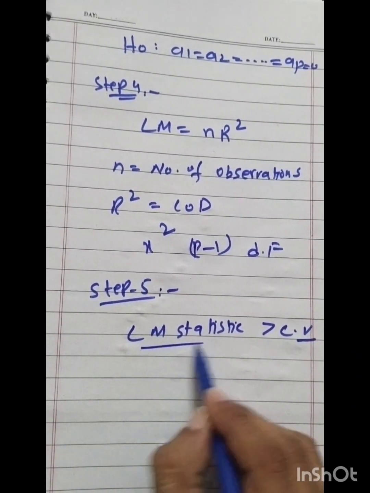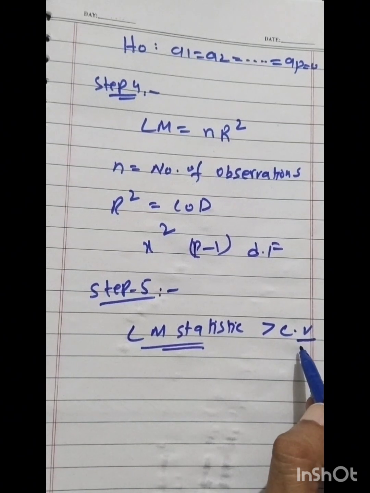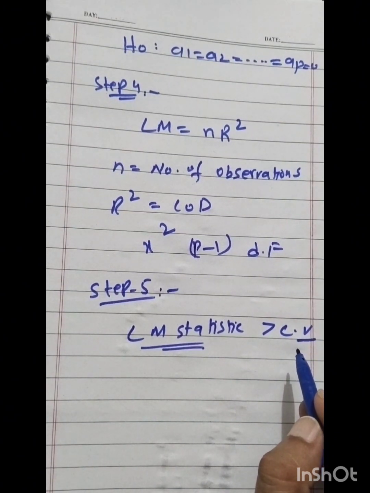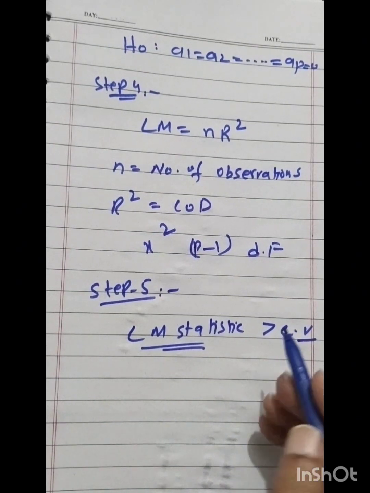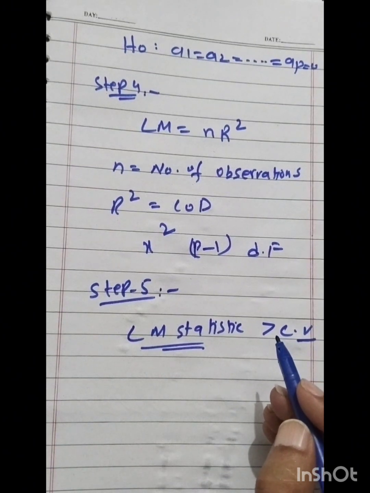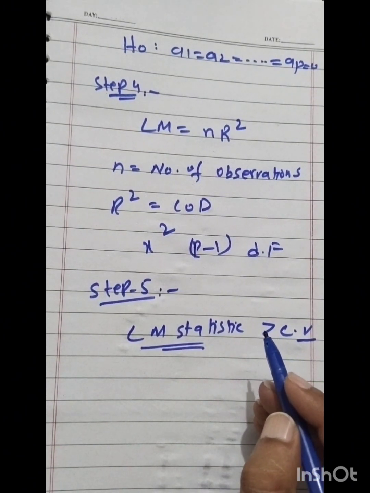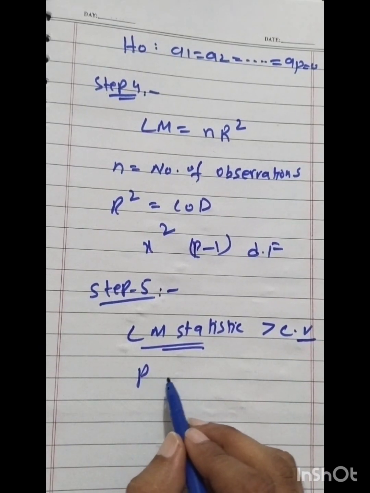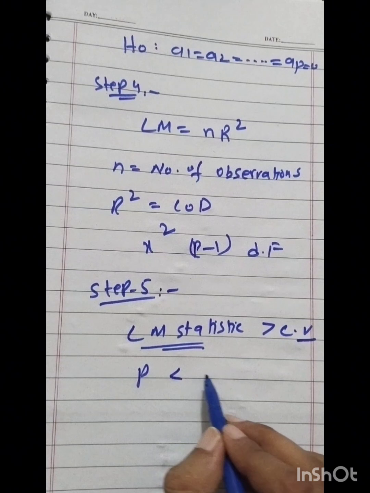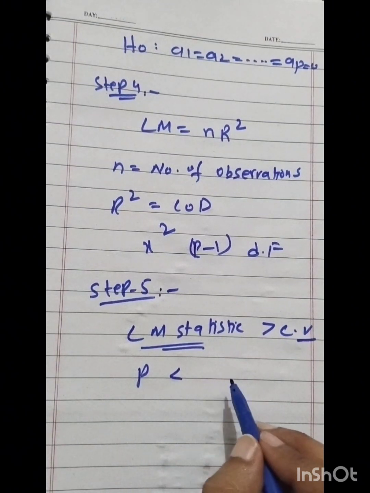If the LM statistic is greater than the critical value, then we will conclude that there is evidence of heteroscedasticity. Alternatively, compute the probability value and reject the null if the p-value is less than the level of significance, or if the probability value is less than the significance value.